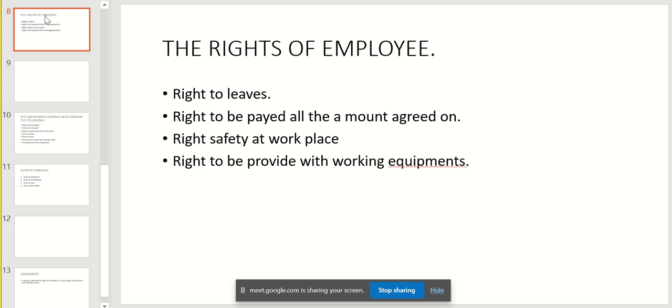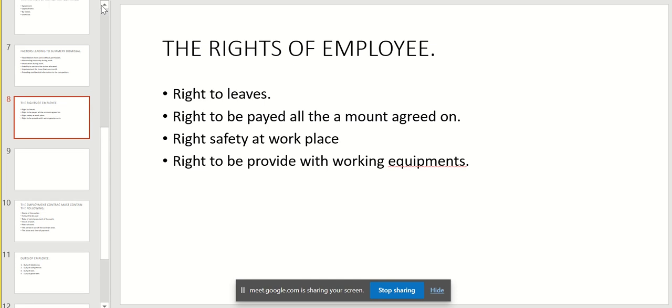Then lastly we have the right to be provided with the working equipment. All the working equipment must be provided to the employees by the employer, to ensure work goes on smoothly as per the agreement.